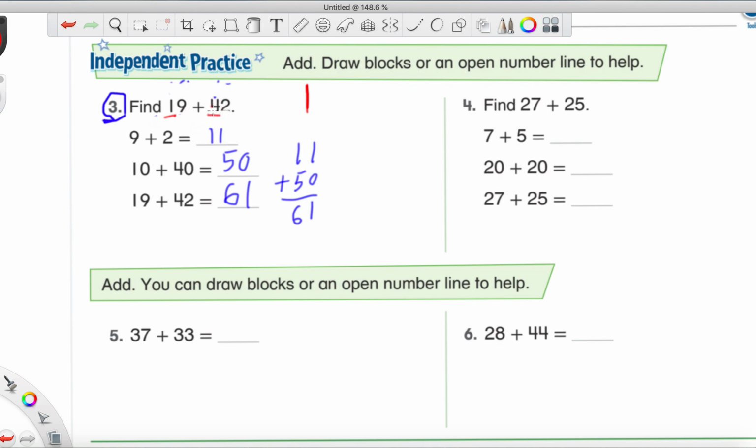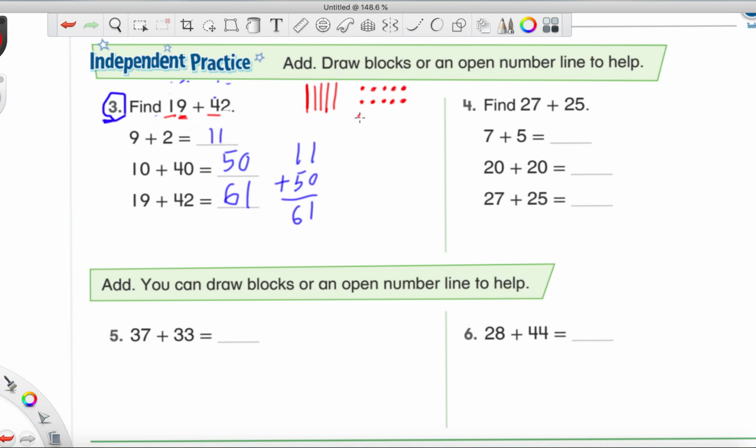We have 4 tens here, so we draw 4 more sticks. And then we draw our ones. So first we have 9 ones. 1, 2, 3, 4, 5, 6, 7, 8, and 9. Then we have 2 more.